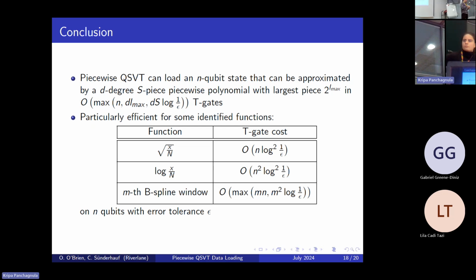But if I have a nicely behaved function, like a function which I can draw on a piece of paper, and then increasing the number of qubits corresponds to taking a finer grading of this function, in that case, I don't have an amplitude amplification cost that scales with the number of qubits. It tends towards a fixed constant, which is the filling fraction. So the amplitude amplification cost is effectively the inverse filling fraction of my function.